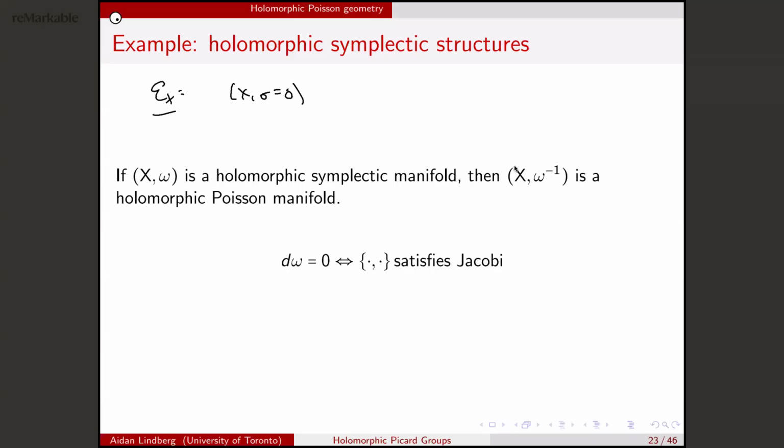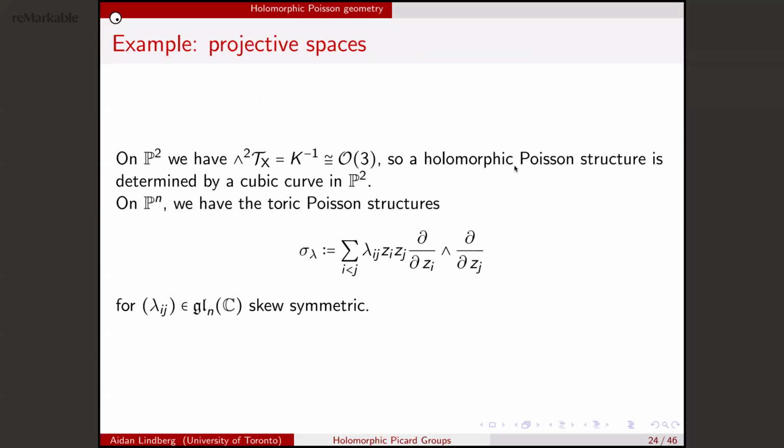If we are on projective space, so say P2, then wedge 2 of the tangent bundle is going to look like O(3). This is the line bundle of cubic polynomials in 3 variables. And this means that a holomorphic Poisson structure is going to be determined by some cubic in P2.